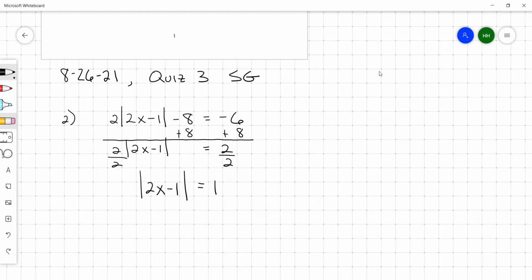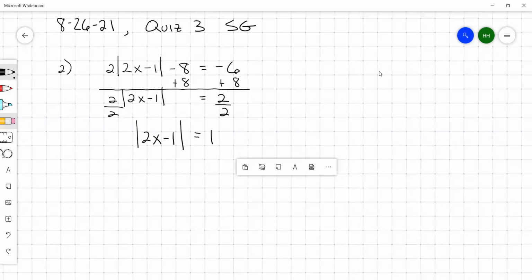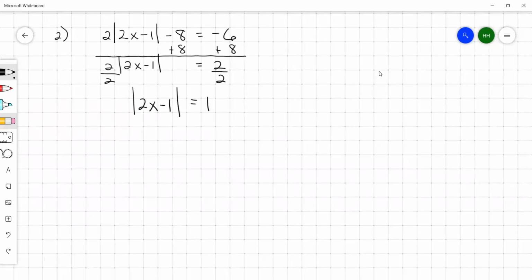Now that the absolute value symbol is by itself on the left-hand side, you write your two equations. So you write 2x minus 1 is equal to 1, and you write 2x minus 1 is equal to negative 1. You solve them both.